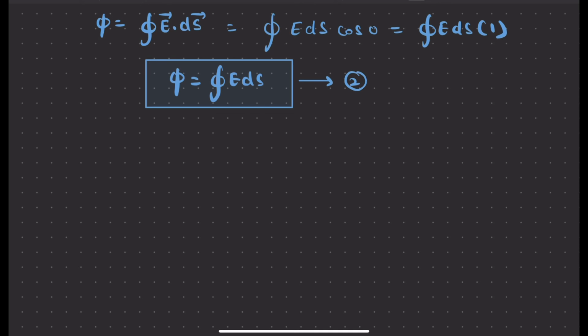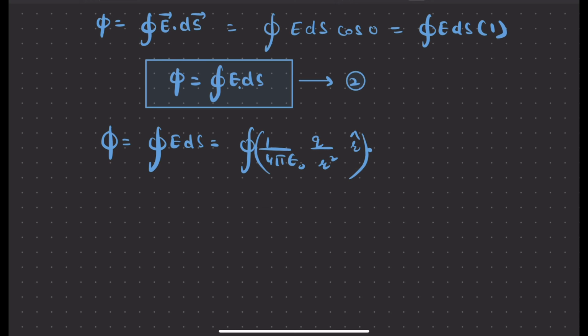Now we need to substitute the value over here. So when we substitute the value in closed integral E ds, we know the value of E is 1 upon 4 pi epsilon naught, q upon r square, and I will write r cap, because if I do not solve it in this form, I will not eliminate the dot over here, then I can write r cap dot, and now substituting the value of ds vector, I can write it as ds n cap.